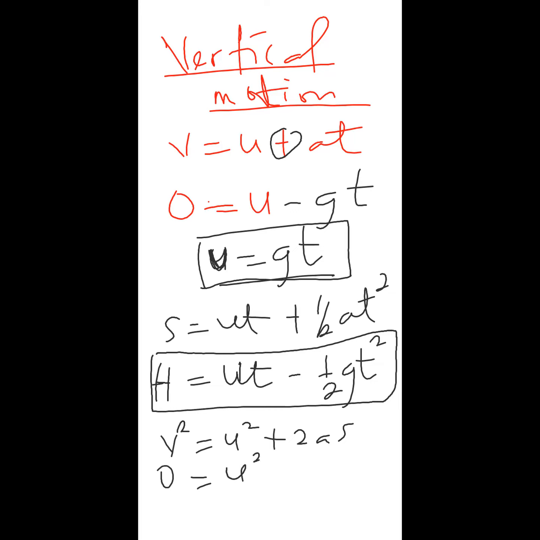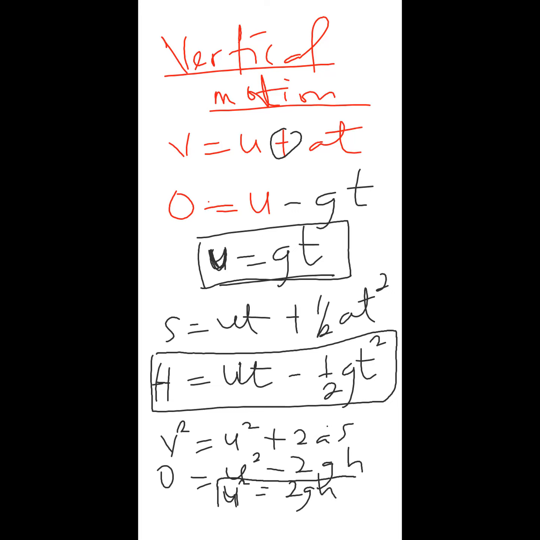Now, your acceleration due to gravity is still negative, so it's minus 2GH. Then you can transfer this, so it will be U squared is equal to 2GH. So we can put this also in a box.